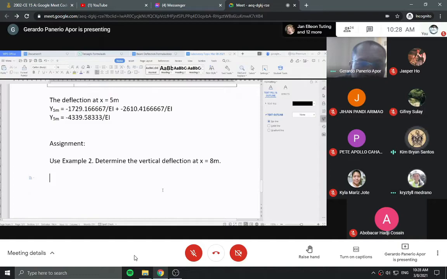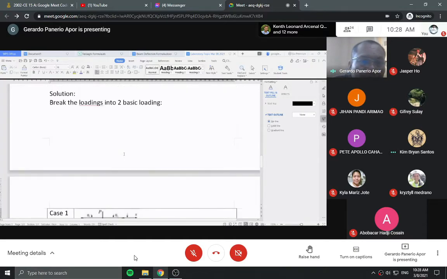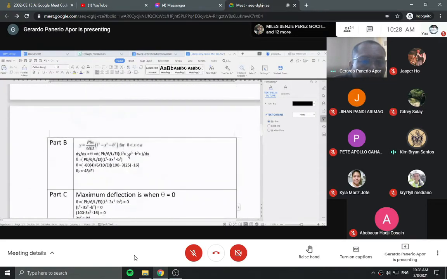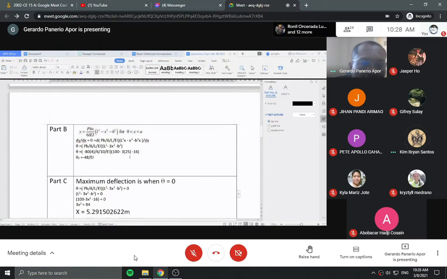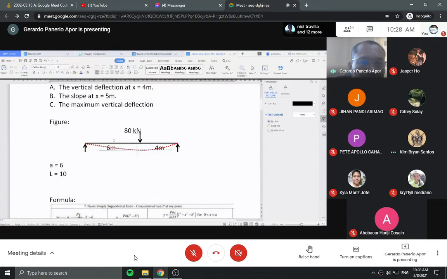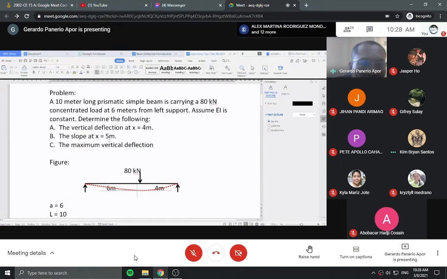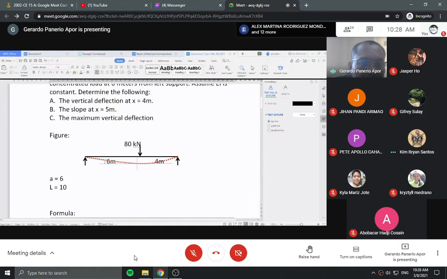Sir, question, sir. In example 1, sir. Okay, we go to example 1. When did you use dy or dy over dx, sir? In this part B? Yes, sir. Okay, because part B is determine the slope at 5 meters. Determining the slope is different from deflection.